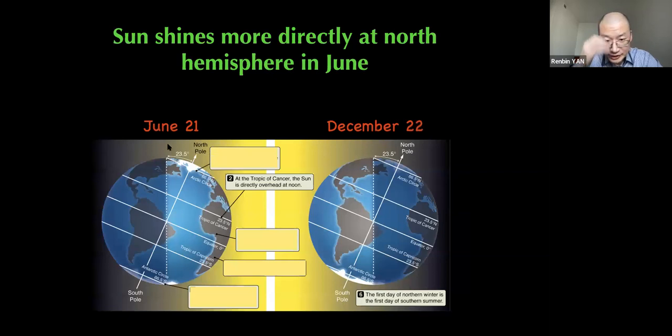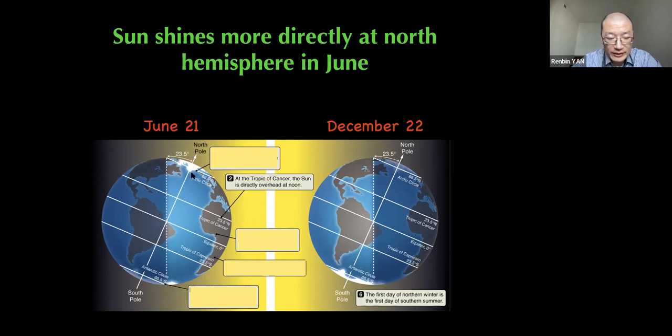And here is a figure showing the same thing again. This is again about the direction of sunshine. In this picture, the left one shows you the situation on June 21st. The right one shows you the situation on December 22nd. You can think of the sun in the middle, and these are two positions of the Earth on its orbit.